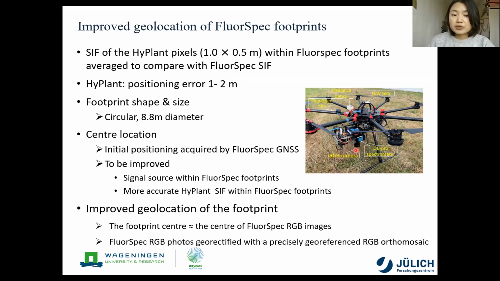As we see from this figure, the distance between the RGB camera lens and the radiance optics is very short, only 13 centimeters. So we can assume that the center of the footprint was the same as the center of the corresponding RGB image.